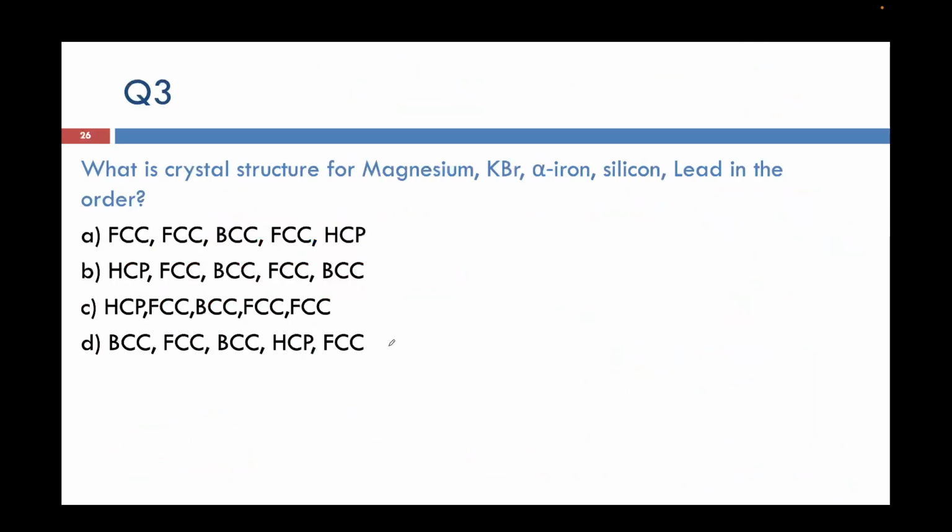Now these are the numericals. Okay, this is a conceptual question. If any one of you knows, just tell me. What is the crystal structure of magnesium, KBr, alpha iron, silicon and lead in order?